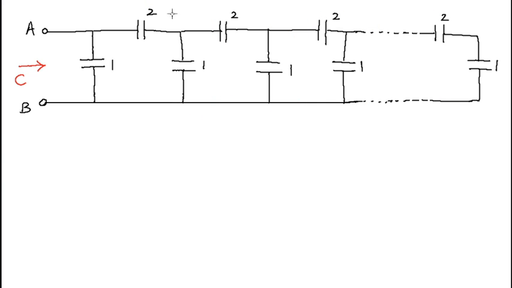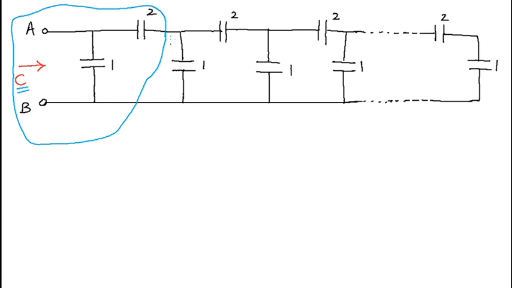To solve the problem, let us first recall that the capacitance as viewed across terminals A and B is equal to C. Now what we do is to temporarily remove this part of the circuit.